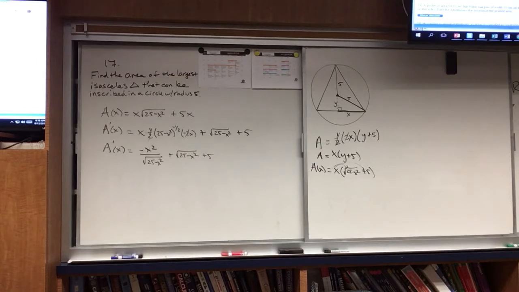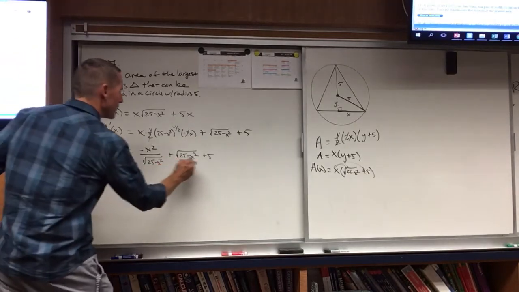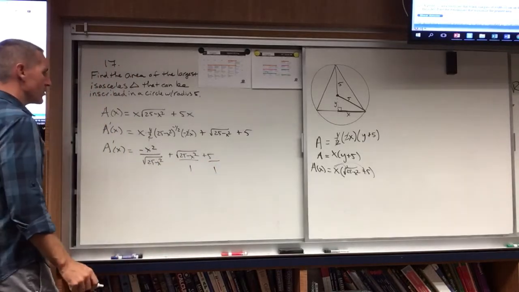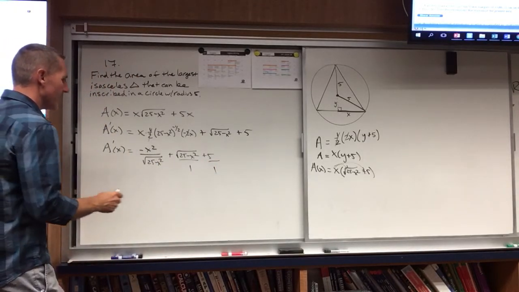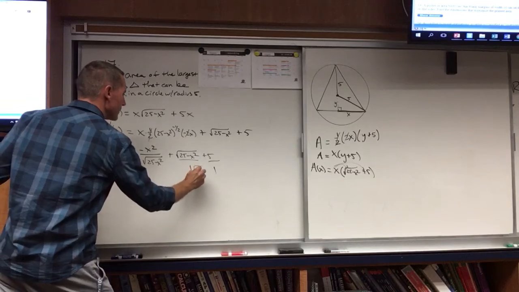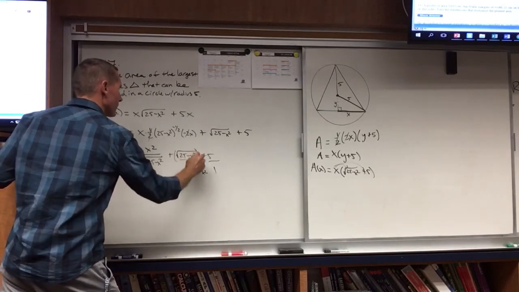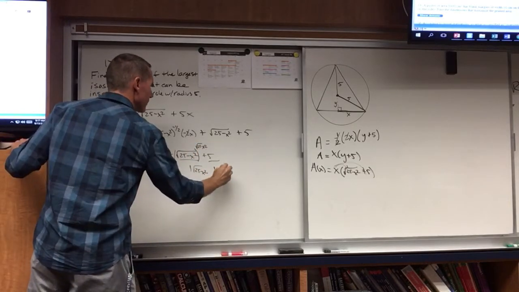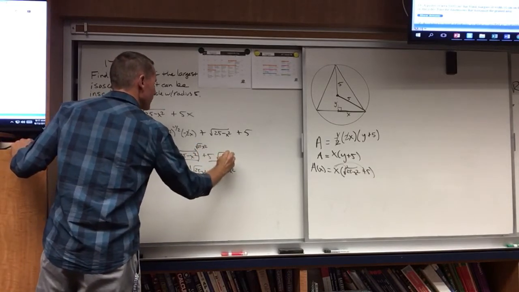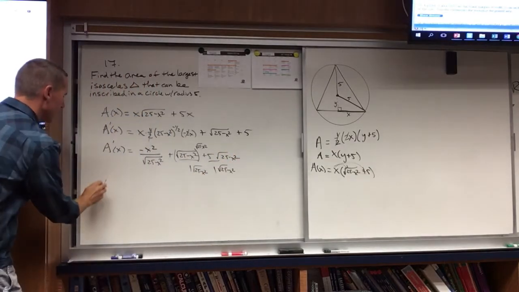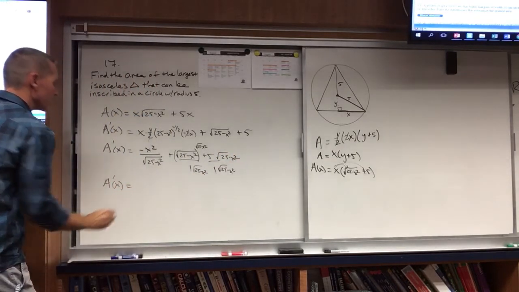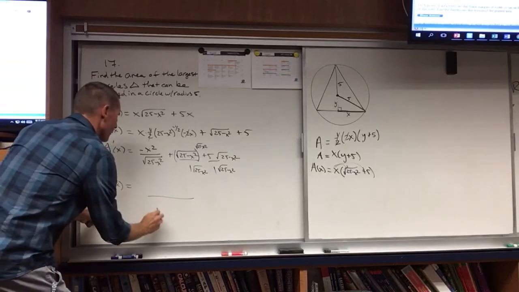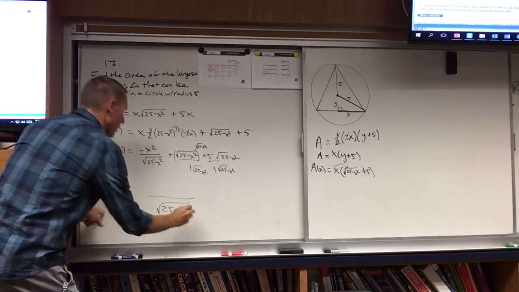What I would do here is I would get a common denominator for everything just to make it a little bit easier on myself. So the common denominator is going to be that root 25 minus x squared. So if I do that, then you're going to get that a prime of x is equal to, everything's going to be over root 25 minus x squared.